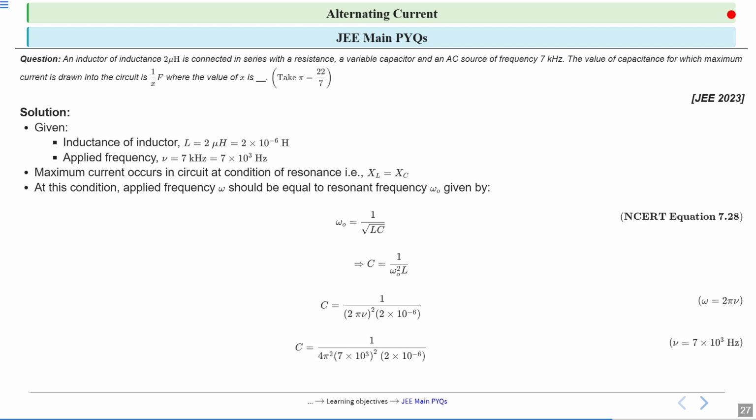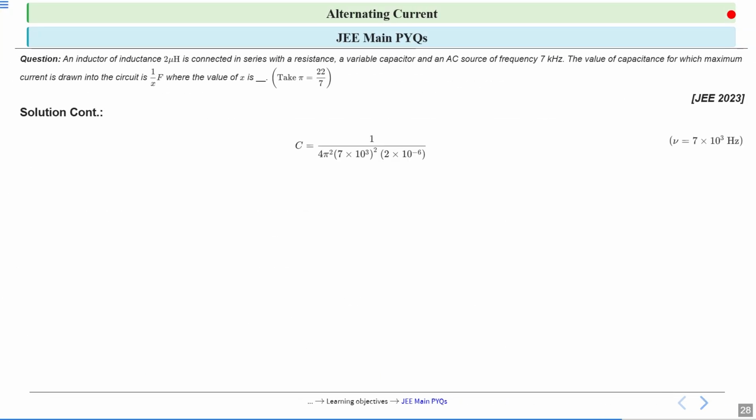So C equals 1 upon 4 pi square into 7 into 10 to the power 3 whole square into 2 into 10 to the power minus 6. Now C will be equal to 1 upon 4 pi square, 49 into 2.